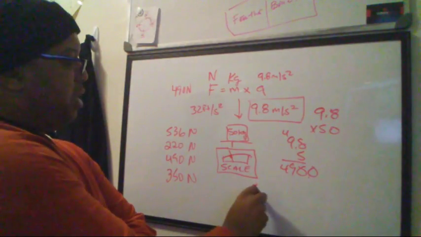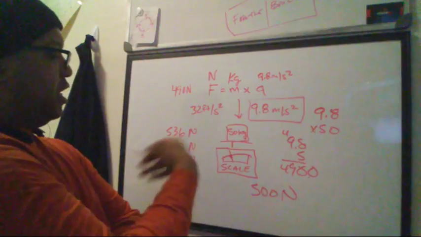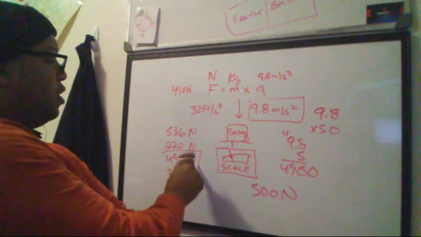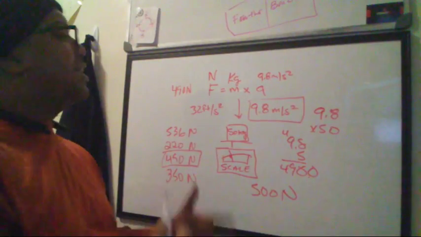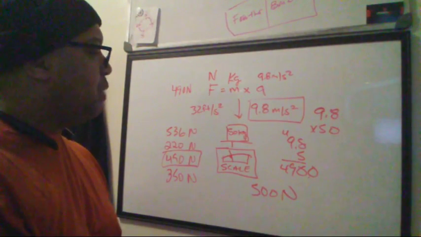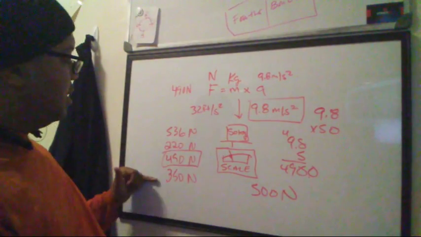That would have me around the area of 500 newtons if I just did it rough like that. And so the closest answer choice will be there. So you can save a lot of time and move on to the next question after you look at these answer selections.